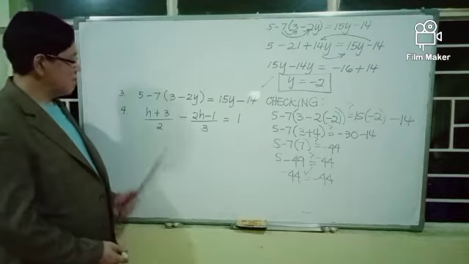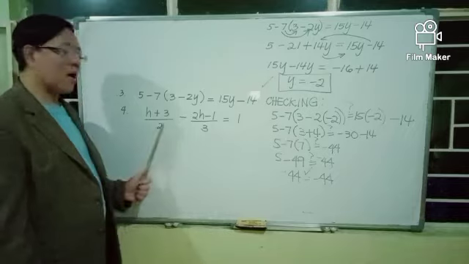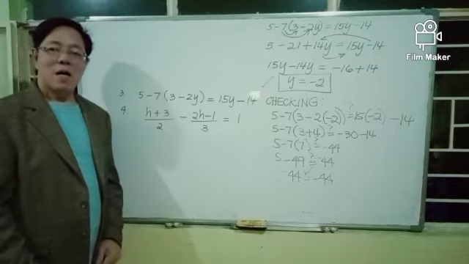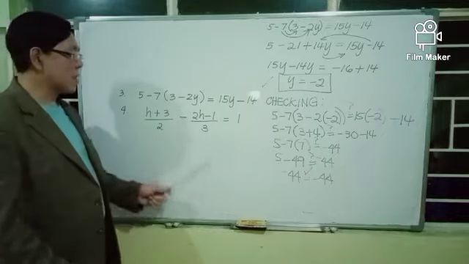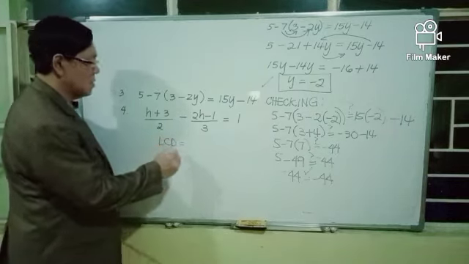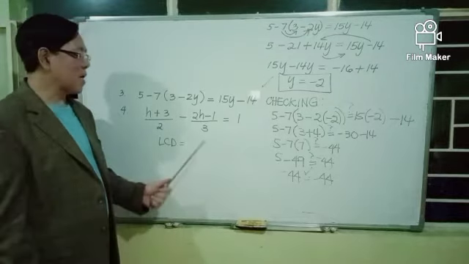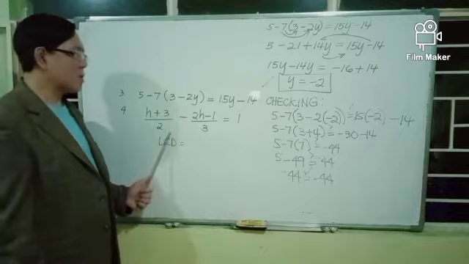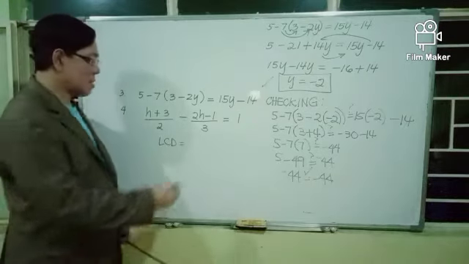And for this linear equation in number 4, the denominators are constants. And so to get the LCD of 2 and 3, you think of the smallest number that can be divided by 3 and 2. And that smallest number is 6.